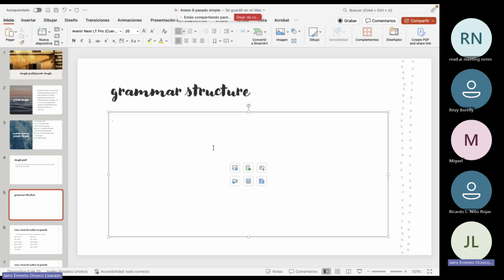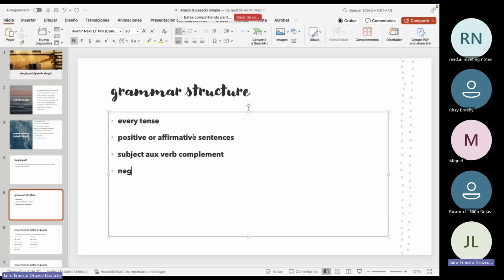The grammar structure for every tense: simple tense, continuous tense or progressive tense, perfect tense, perfect continuous tense, every tense in English uses the same grammar structure, which is, for positive or affirmative sentences, we use the subject, the auxiliary, the verb, and the complement.